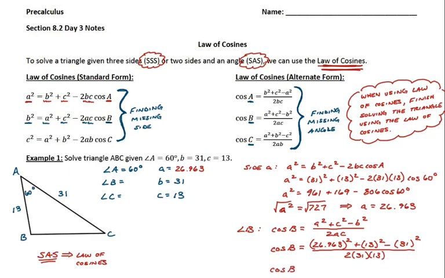So for cosine of B, what I'm going to do is put that entire fraction in my calculator. Again, I'm going to be in the habit of making the entire top in its own set of parentheses divided by the entire bottom in its own set of parentheses, just to be sure that I'm not incorrectly applying the order of operations.